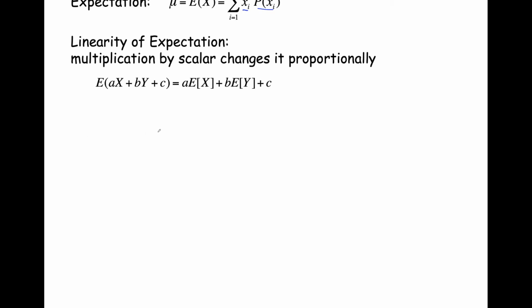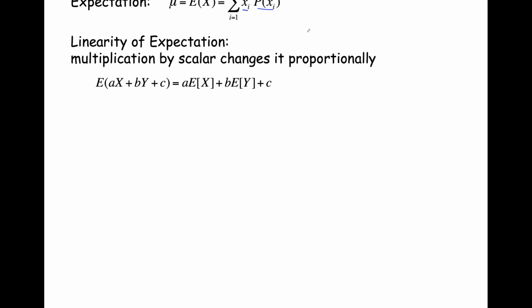It's called linearity of expectation. If you have random variables x and y, and you multiply x by scalar a, y by scalar b, and you add a scalar we're calling c, well, the expectation of this transformed version of the variables is equal to a times the expectation of x plus b times the expectation of y plus c.